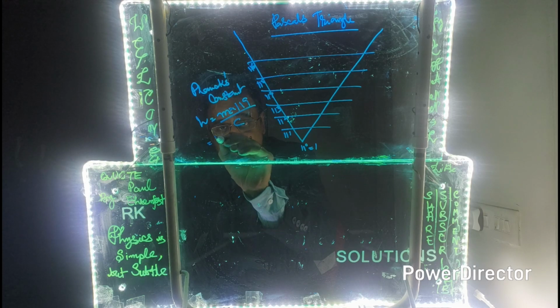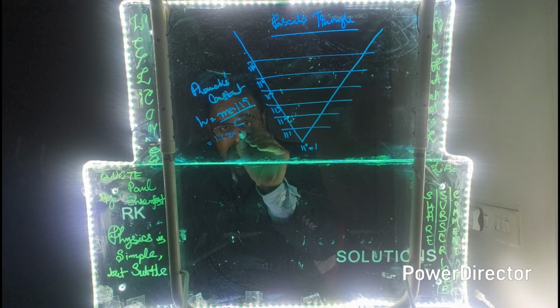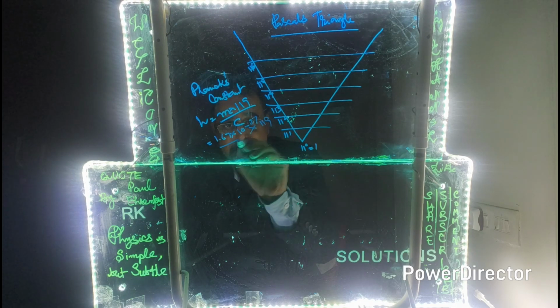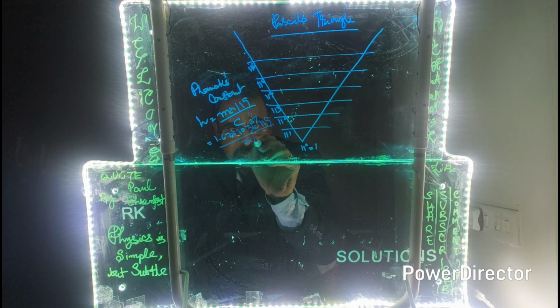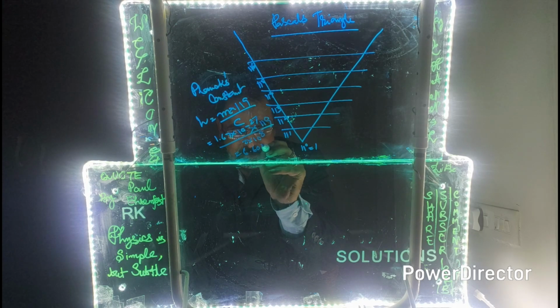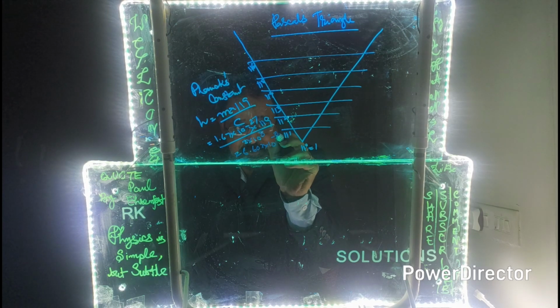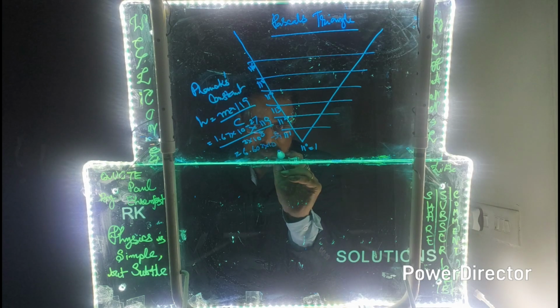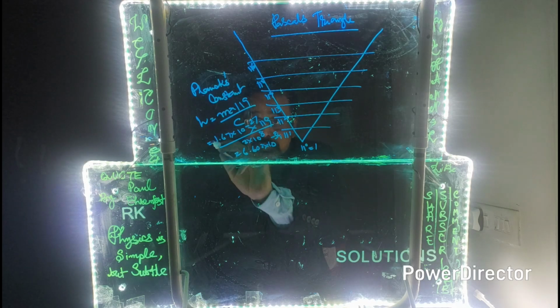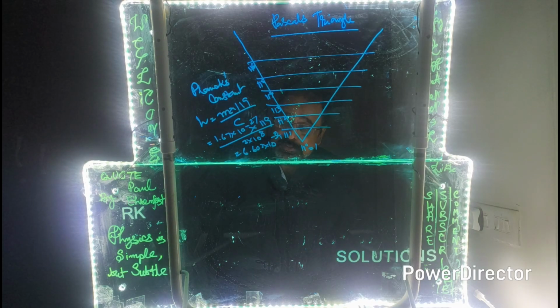This m is 1.67 times 10 raised to minus 27, into 119 by 3 into 10 raised to 8. This gives me approximately 6.02 into 10 raised to minus 34 joules. Don't bother about units, but this is what my chance discovery was.